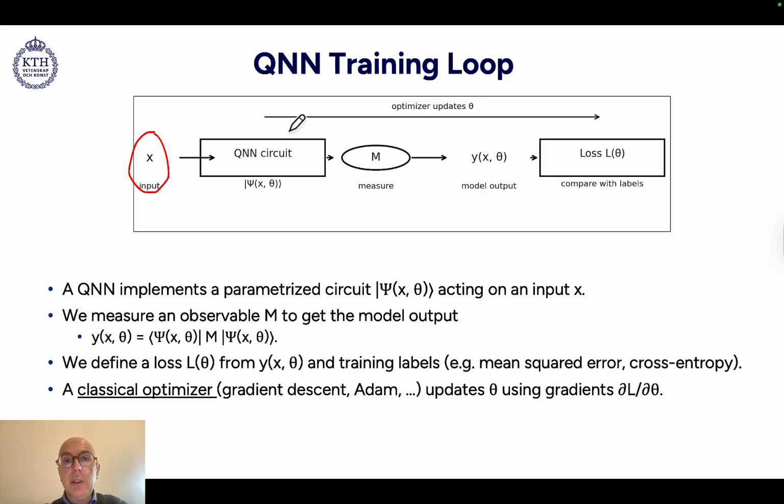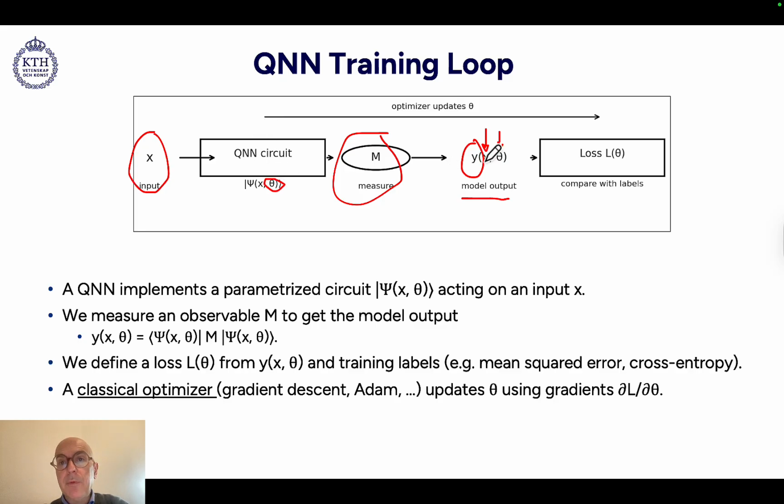As an output of our quantum neural network, we take a measurement. Typically, this is an expected value of an observable. The measurement of this expectation value is what we call Y, the so-called model output, that depends on the data items and also the parameters of our quantum neural network.